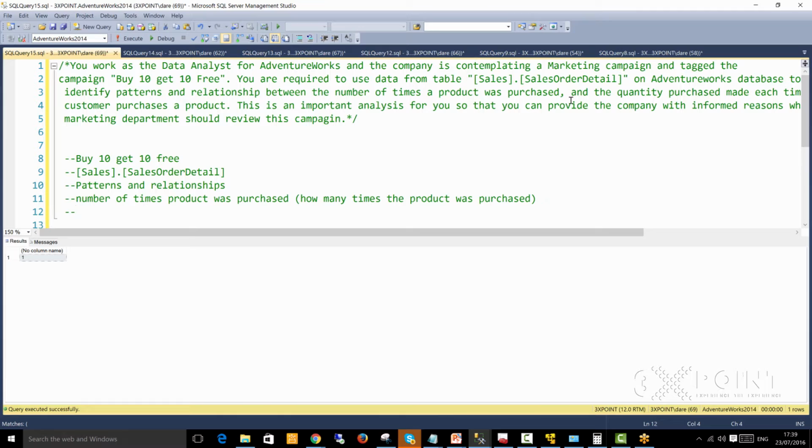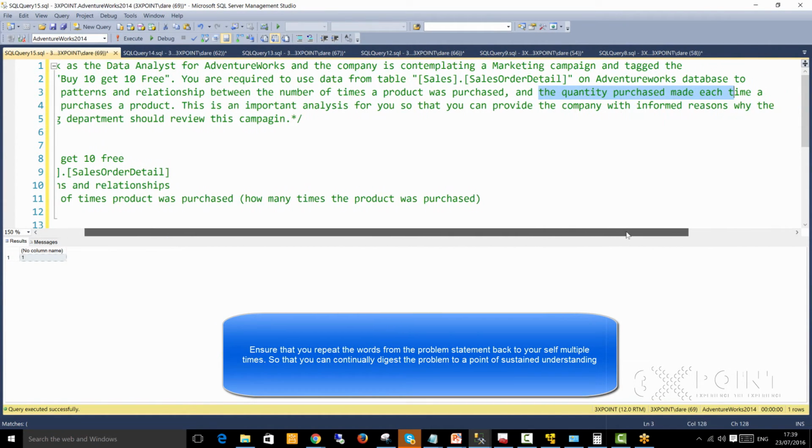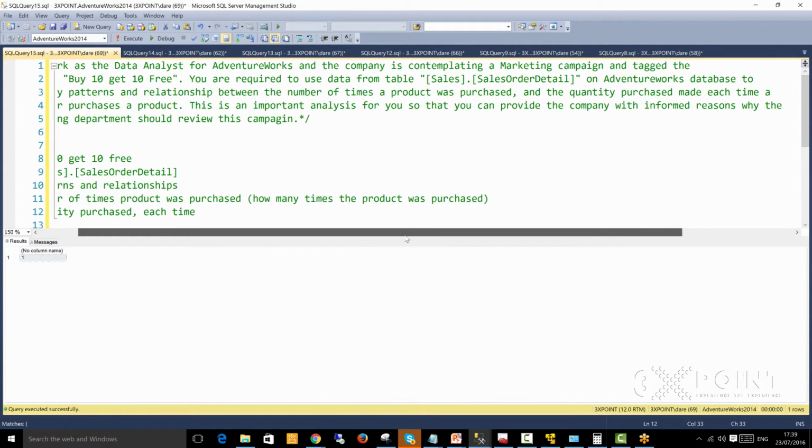Okay, so again, this is where I was. Number of times product was purchased and the quantity purchased made each time. Let me just get that down. Quantity purchased each time. Quantity purchased each time what?